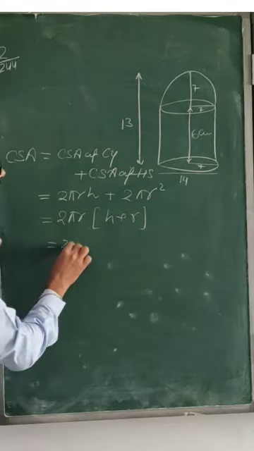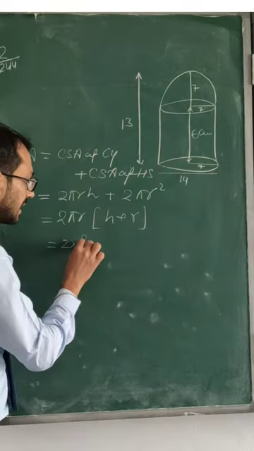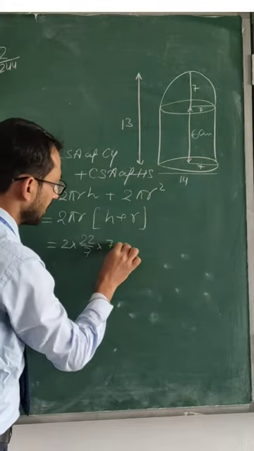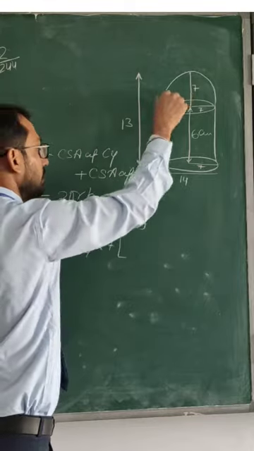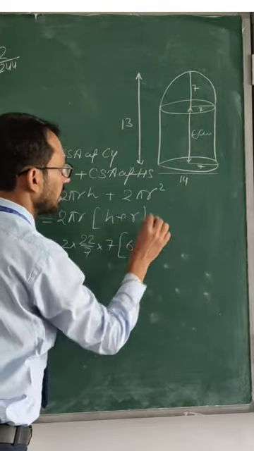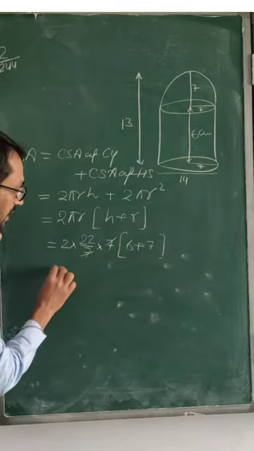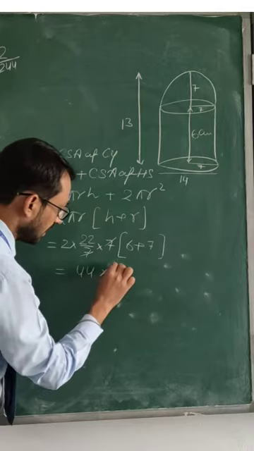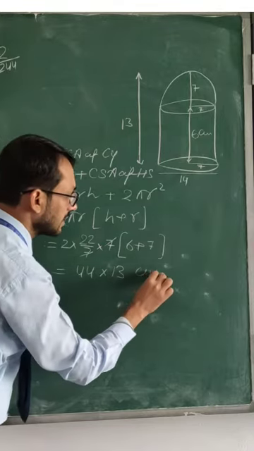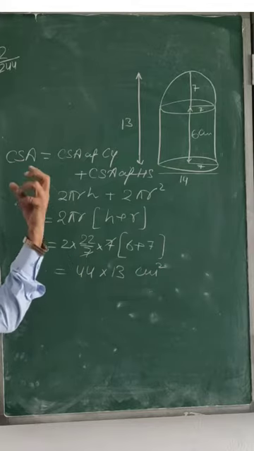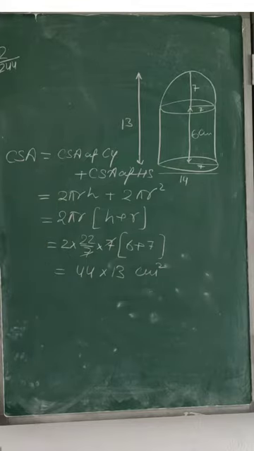Now for the value of pi I am going to put 22 by 7, into the radius. Radius of both the things will be the same, that is 7. Height is 6 plus radius of the hemisphere, 7. So 7 to 7 will cancel, 44 into 13. This is in centimeter square, the total inner surface area of the hollow cylinder mounted with a hemisphere.